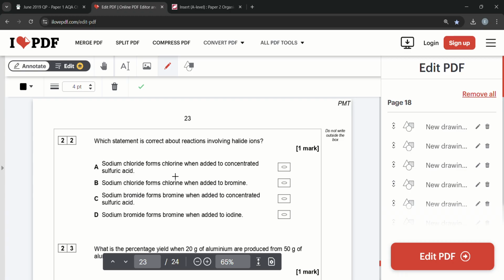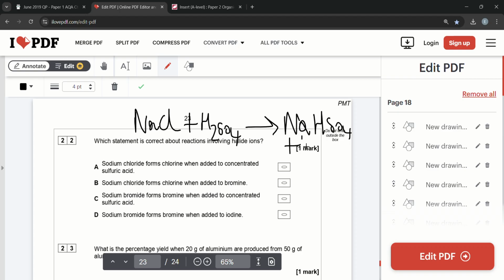So we've got sodium chloride, NaCl plus H2SO4. All we will form is NaHSO4 plus HCl. So that's wrong. We don't form chlorine, we form HCl, hydrochloric acid.